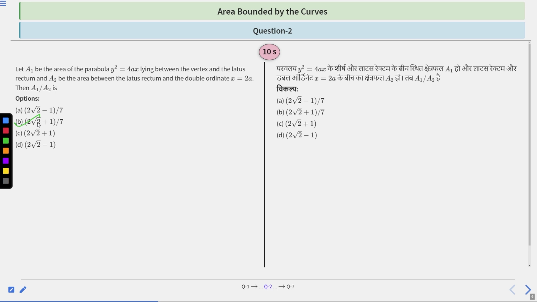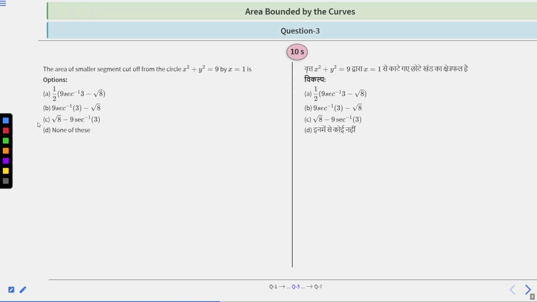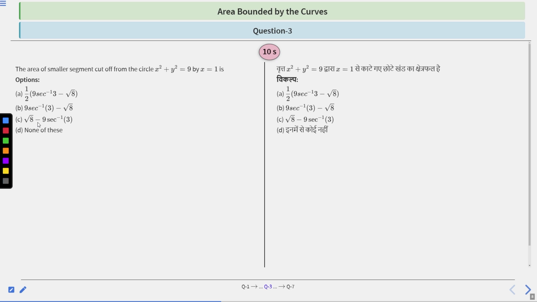Okay, let's move to the next question. Question number 3 says: the area of the smaller segment cut off from the circle x squared plus y squared equals 9 by x equals 1 is. First, you will draw the circle, as the radius of the circle is 3 and the center is 0, 0.